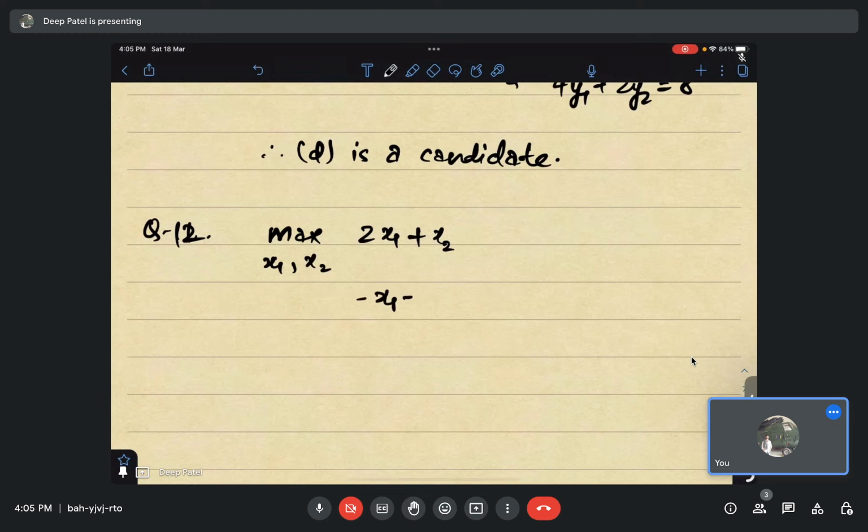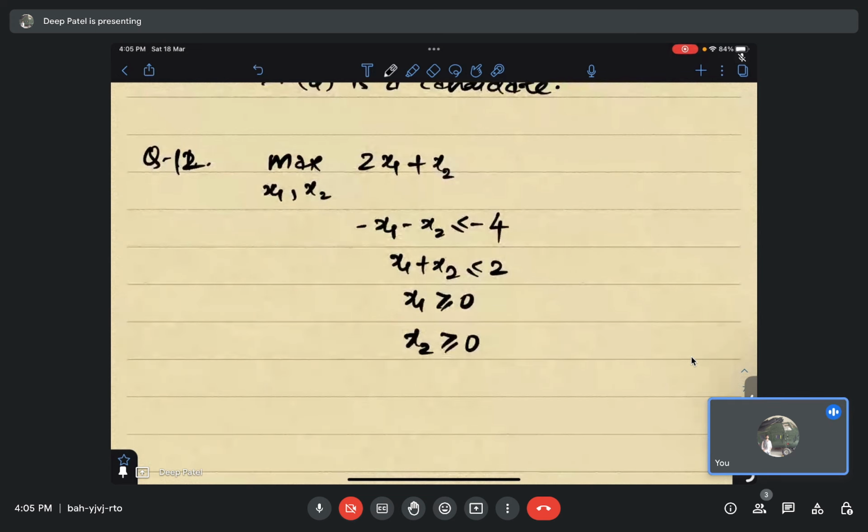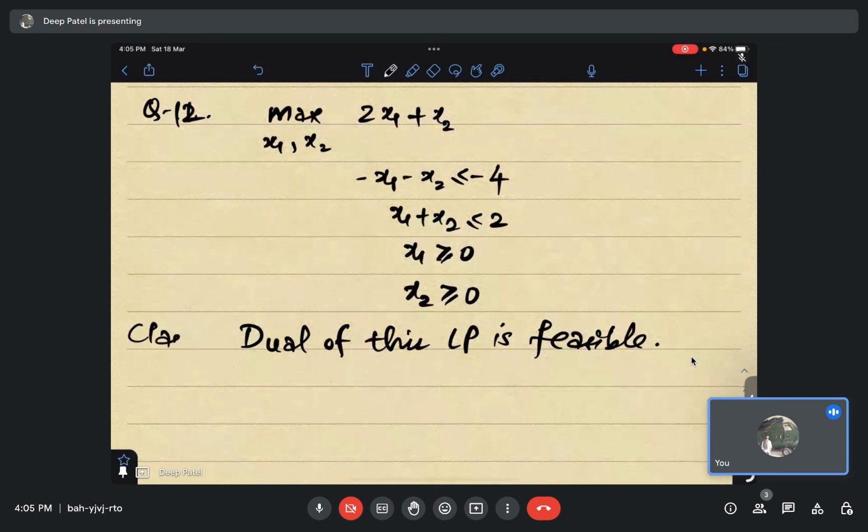Minus x1 minus x2 equal to minus 4, x1 plus x2 less than or equal to 2, x1 greater than or equal to 0, x2 greater than or equal to 0. So the question is, the dual of this LP is feasible. This is a claim. Is this true or false?